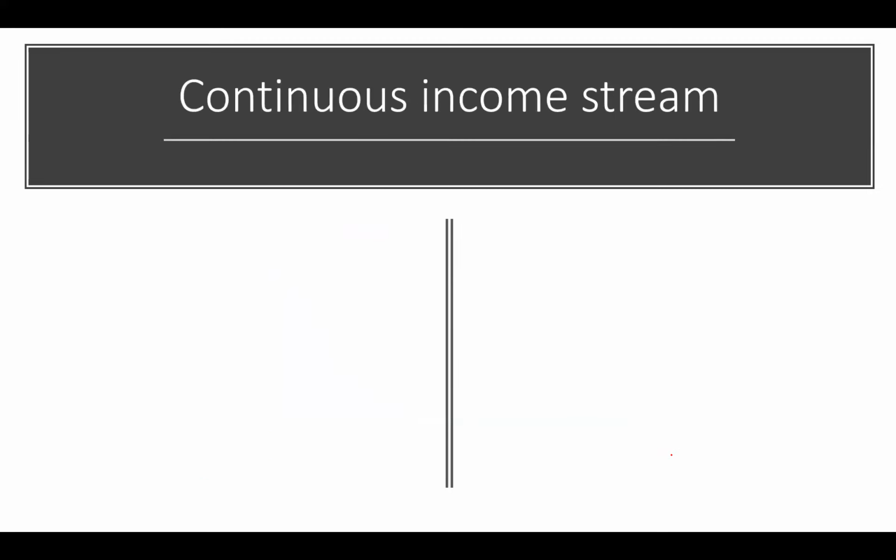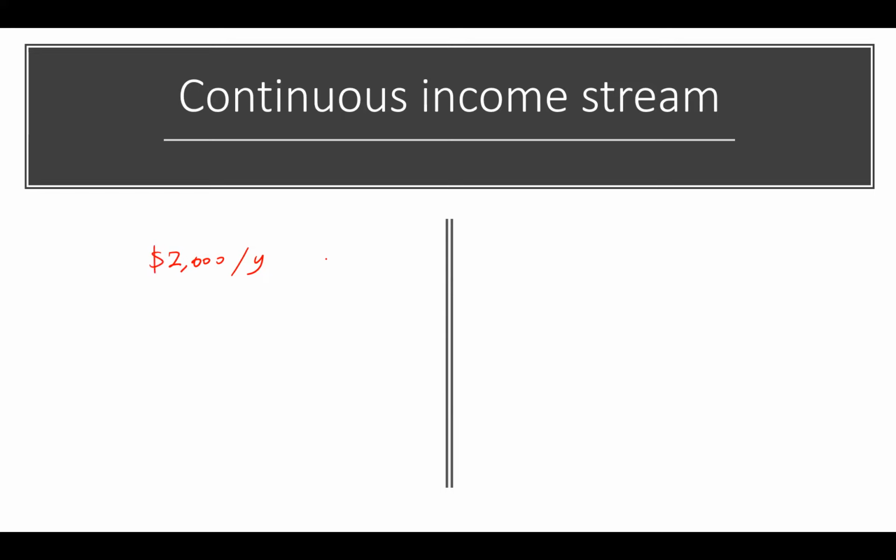Okay, so let's continue. Here we want to look at continuous income stream. Let's look at what an income stream is, since there are different ways to interpret it. Let's imagine a scenario where we save $2,000 every year. So this is 2,000 per year, the amount of money we save.